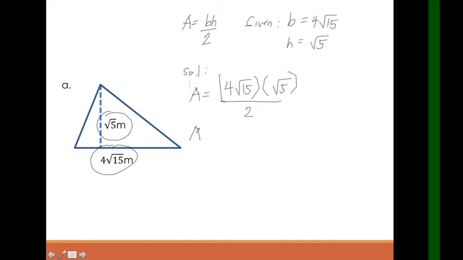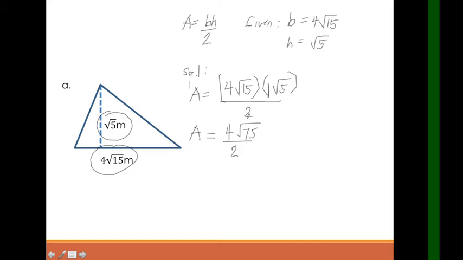Now, square root of 15 times square root of 5 is square root of 75. Right? So we have 4 square root of 75, because 4 times 1 is 4. And then square root of 15 times square root of 5 is 75, all over 2.